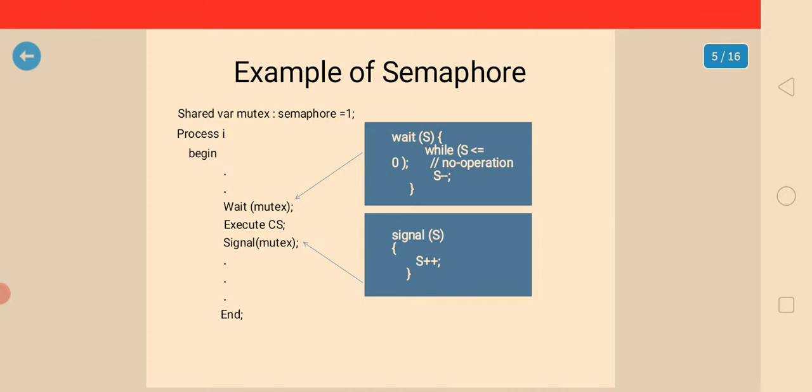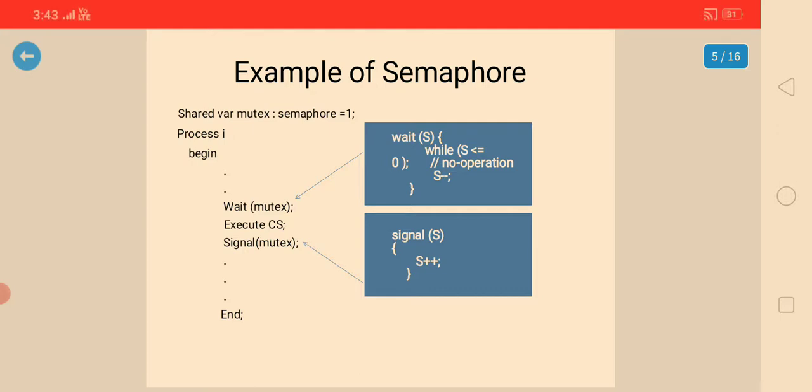Next, here is one example for a semaphore. The shared variable mutex. What does mutex mean here? It is mutual exclusion, written in short form. The shared variable mutex semaphore equals 1. If it is 1, process i begins, wait(mutex), mutual exclusion.